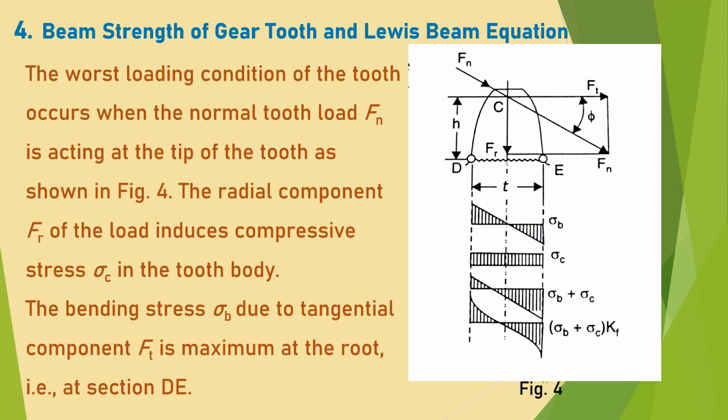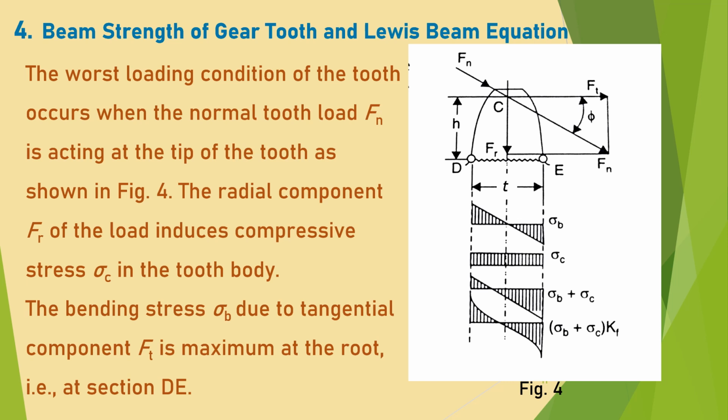In the figure, the stress distribution is also shown. The first curve refers to the bending stress. The left hand side is the tension side and the right hand side is the compressive side. The second curve of stress distribution is that of the compressive stress, which has been assumed to be uniform throughout.